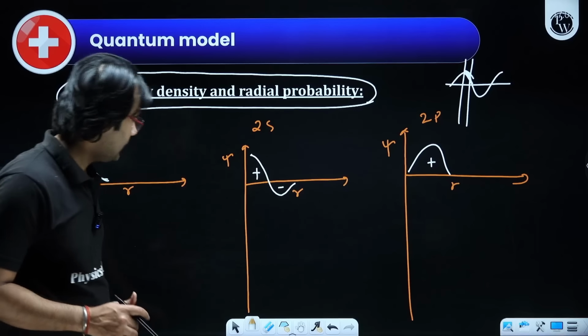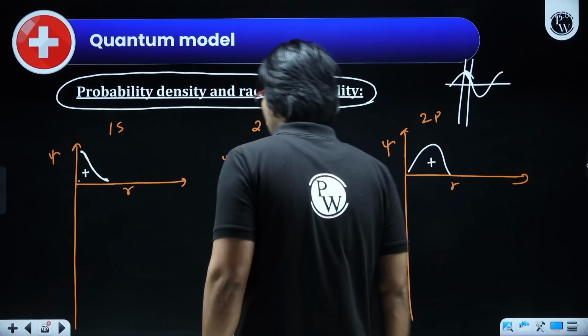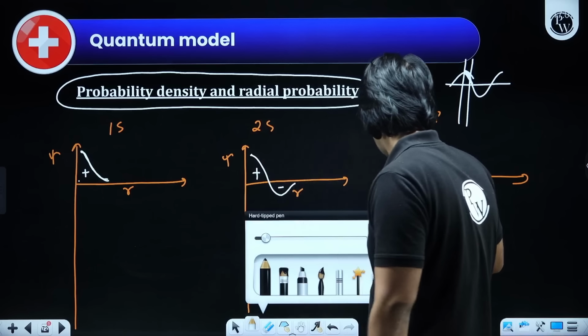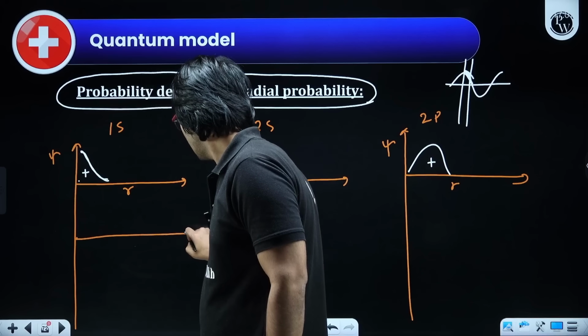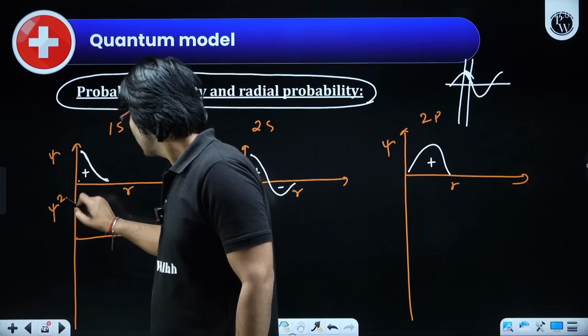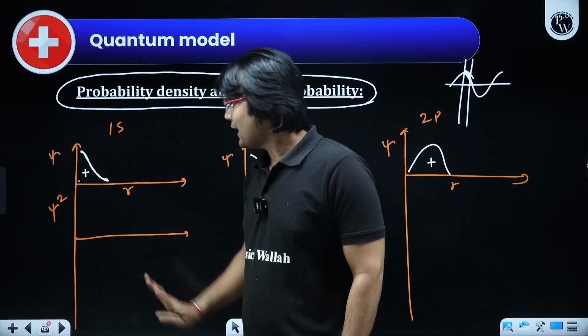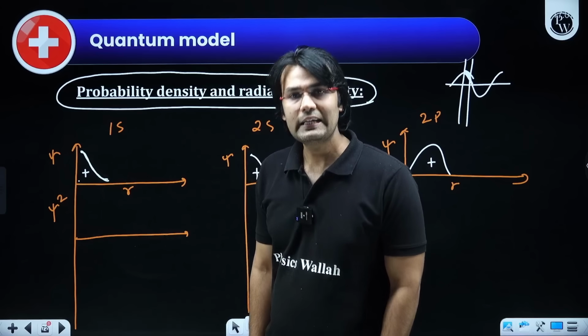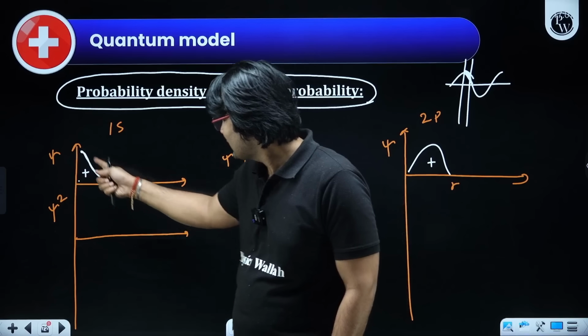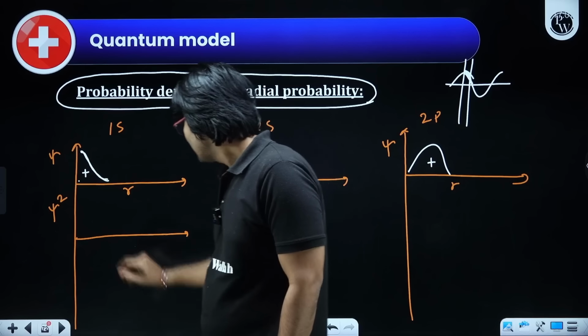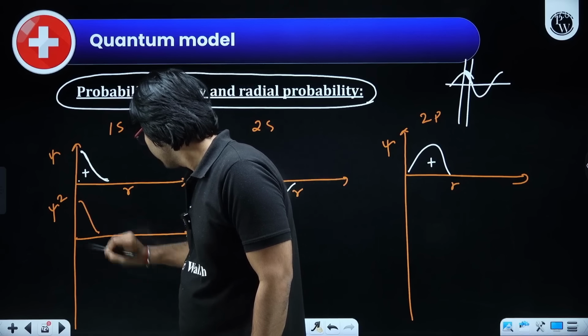Now from the psi, we can easily plot the graph of probability density, that means psi square. In psi square, the positive part will remain as it is, but the negative part will also become positive. In 1s you can notice that we have only positive values, so in psi square also it will be the same.